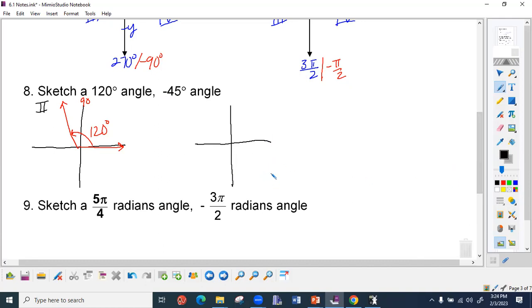So it should fall in quadrant 4, because we're going from 0 to negative 90. Between 0 and negative 90, where would negative 45 fall? Smack dab in the middle. Good job. So we started here and we end here, and that's our negative 45 degrees.